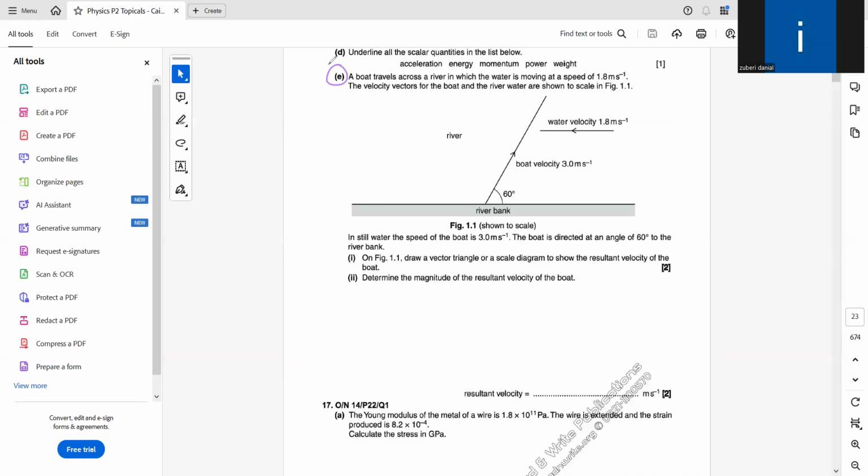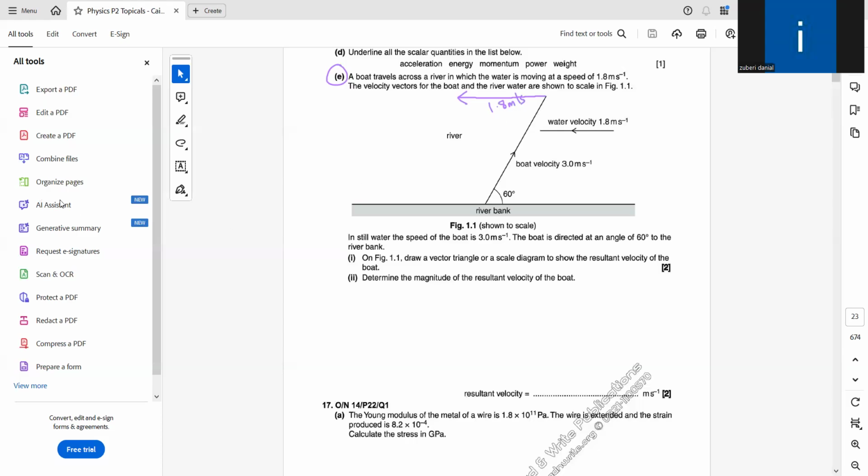So how would I draw a vector triangle scale diagram? Okay. So basically, the question states that you have one of the analogies. On figure 1.1, you can draw somewhat like this. So this goes here. That's water velocity 1.8 meters per second, right?